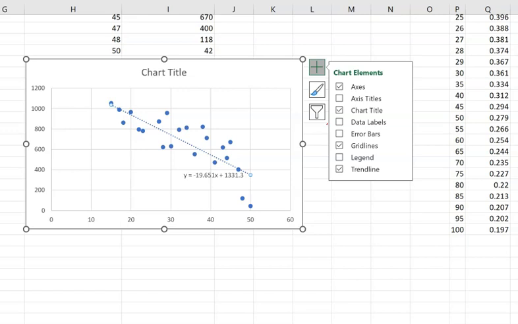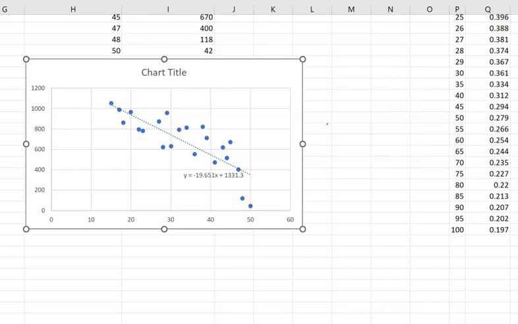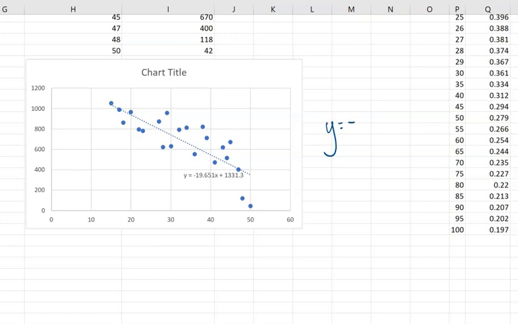And in this case, it gives us y equals negative 19.651x plus 1331.3. That is going to be our regression formula. So that's the actual equation of the line that is the best fit for this data.